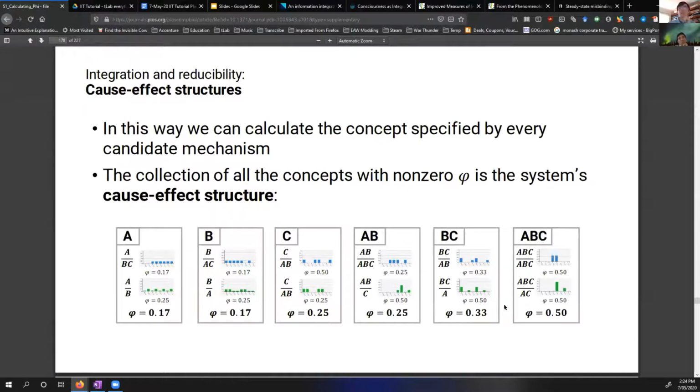For all of these, we repeat the integrated information analysis where we find the purview which generates the highest effect information and the highest cause information. The idea is that this set of concepts specifies the cause-effect structure, which is supposed to correspond to the conscious experience of the system. So this structure is all the information which is accessible and readable by the system itself.